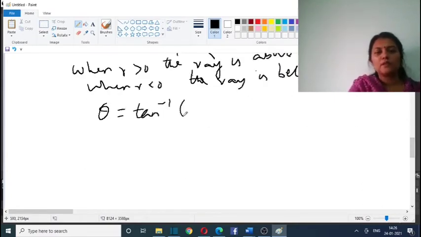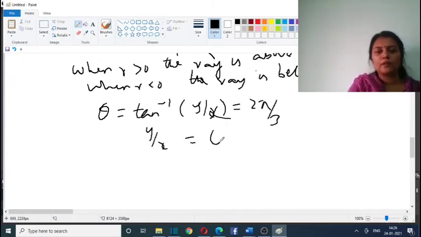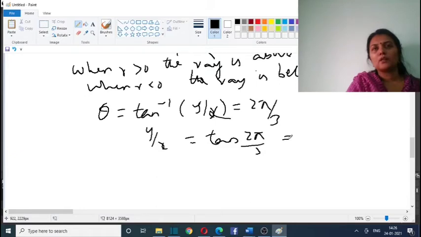Theta is tan inverse y by x equal to 2 pi by 3. So y by x is equal to tan 2 pi by 3, equal to tan 120, second quadrant.